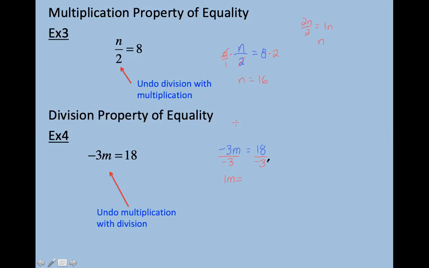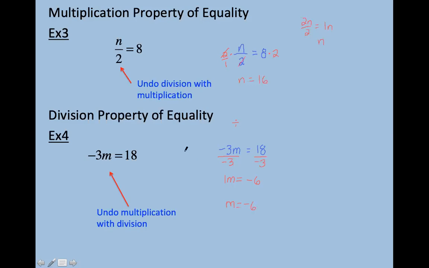And over here, a positive divided by a negative is a negative. 18 divided by -3 would be -6. And again, you don't need to write the 1 down. In algebra, if you just see an m, that symbolizes 1m. So m is equal to -6 in this case.